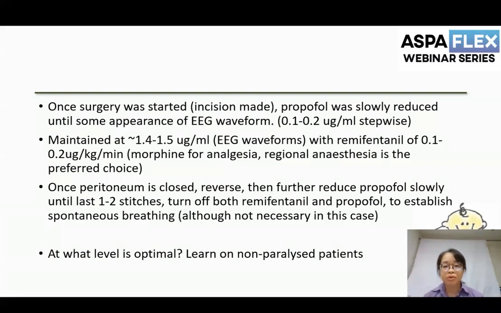So if the anesthesia is lightened to a certain plane, then the patient will start moving. That's the indication that you need to deepen the patient. And we also learned this EEG from what we are most used to, sevoflurane anesthesia, and based on that, we apply it in TIVA as well.